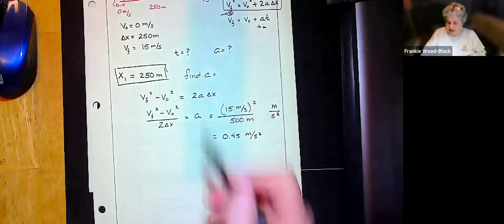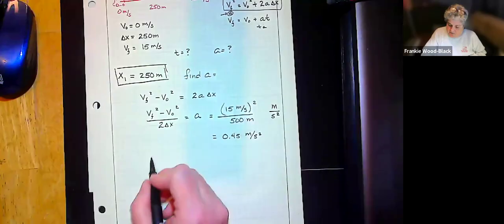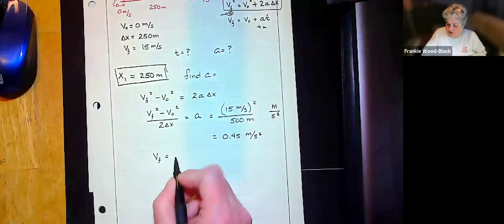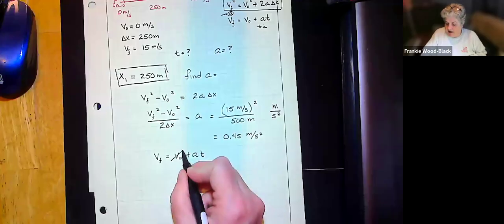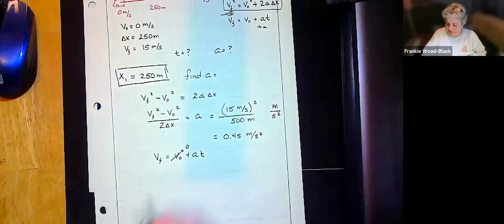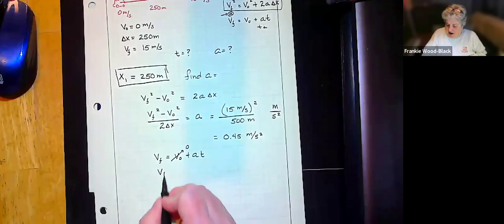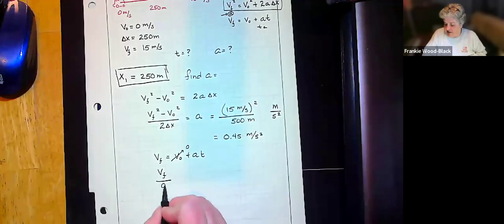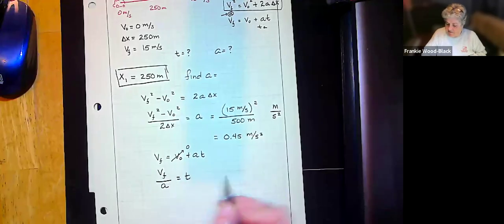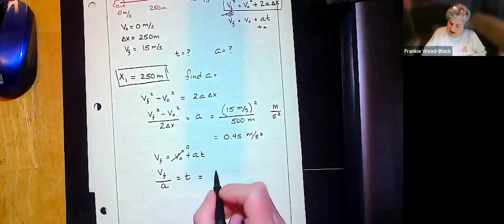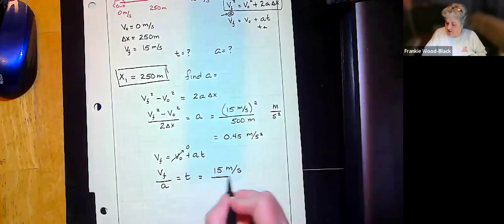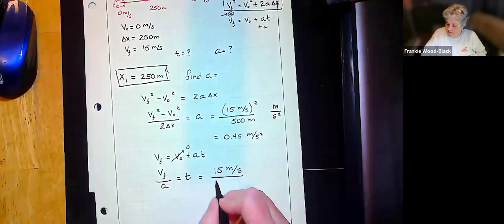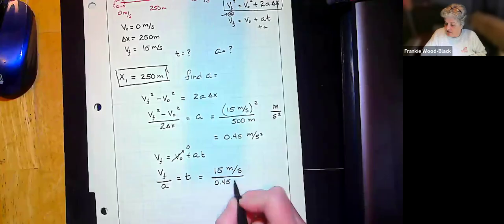Now I want to find my time. So I'm going to use this one. V final is equal to V initial plus my acceleration times time. My initial velocity was 0, so my final velocity divided by my acceleration is going to give me the time. So now I have my 15 meters per second divided by my 0.45 meters per second squared.